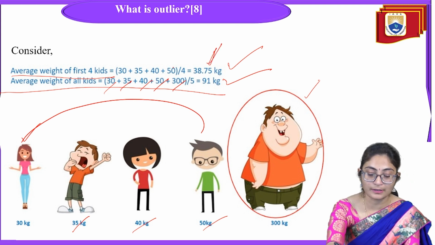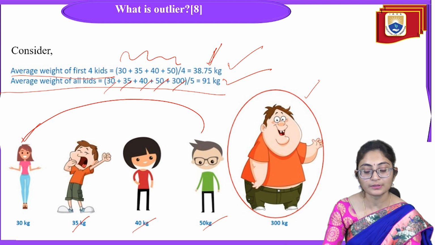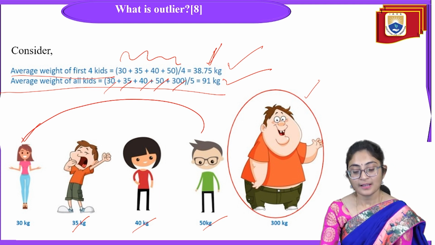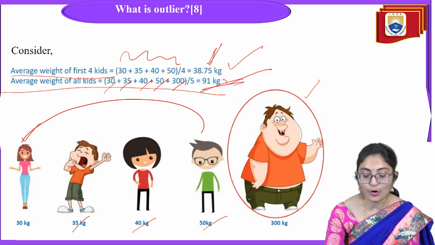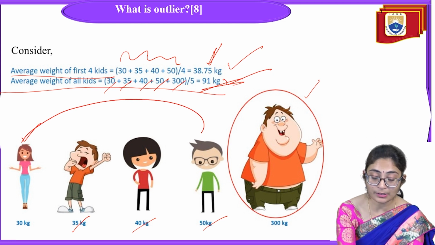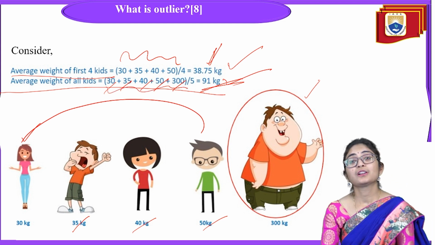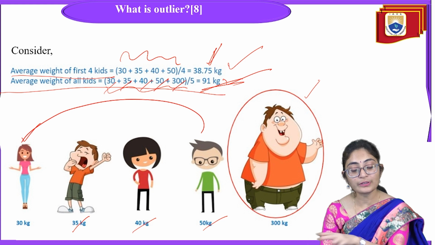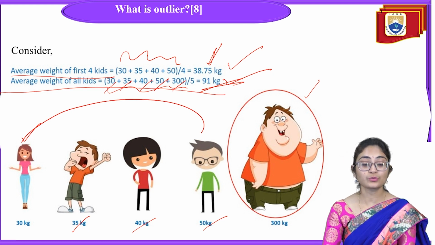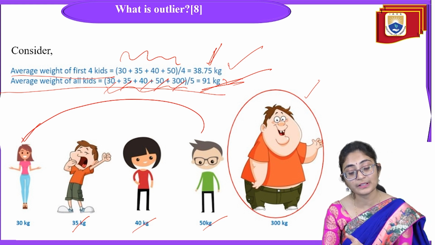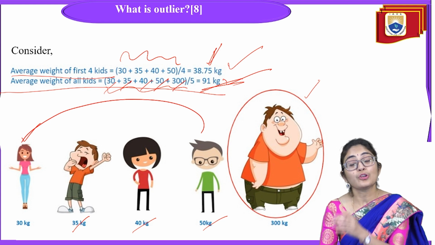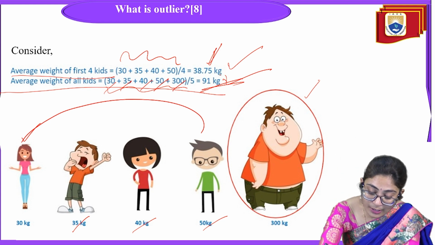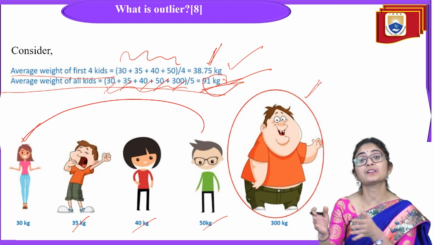This number is not near these values. If you observe that 91, you can find out this value is not close to 30, 35, 40, 50 or 300 either. So that means this is your outlier.